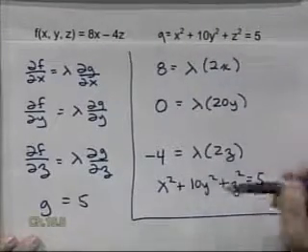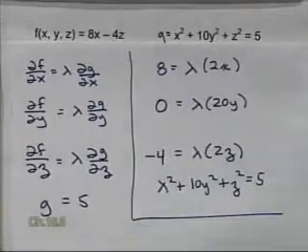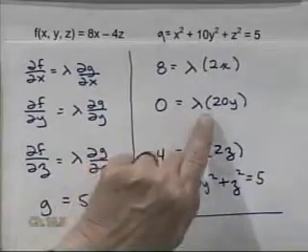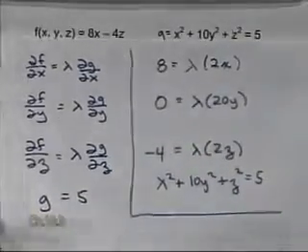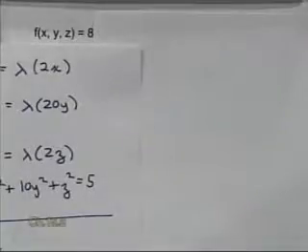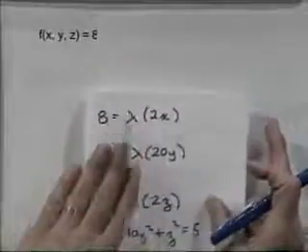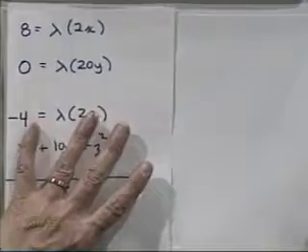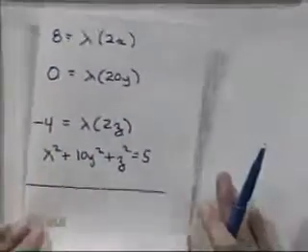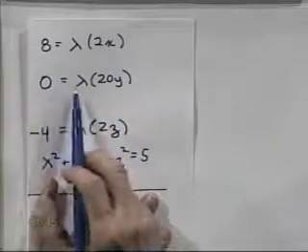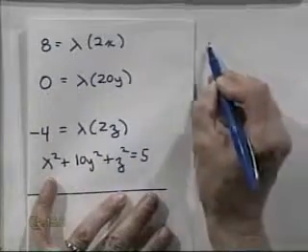Now, of these 3 equations, which one do you think I'm going to zero in on first? I love zeros. Here's a 0. 0 equals lambda times 20y.